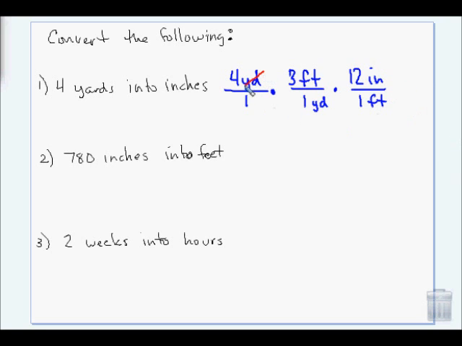And then my yards are going to cancel, and my feet are going to cancel. And I'm going to do 4 times 3, which is 12, times 12. So I'm going to get 144 inches.